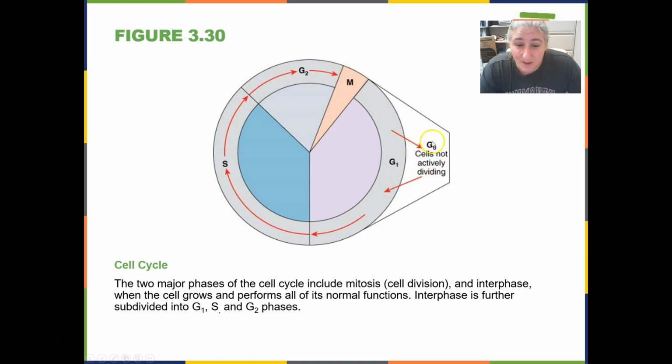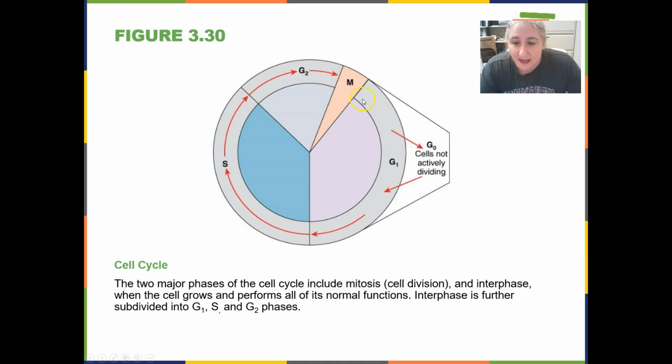They're just in a rest phase. In general, most of our cells don't do this. There are some examples, including female sex cells, which we'll talk about when we get into the reproductive system.